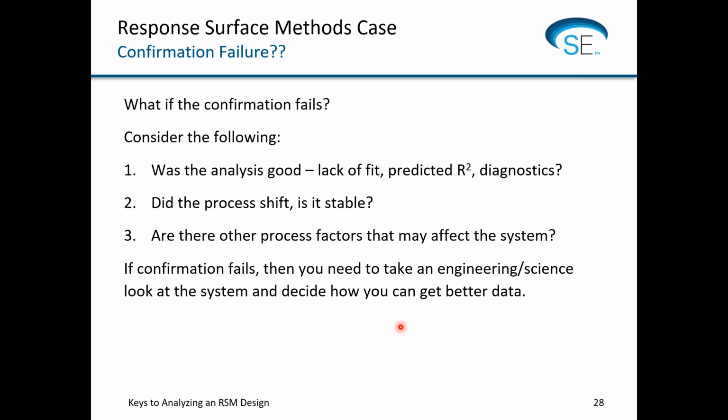So if confirmation fails, then you really need to take an engineering or scientific look at the system and decide how you can get better data. Often people spend a whole lot of time on the analysis standpoint trying to figure out, how can I get this analysis to be better?